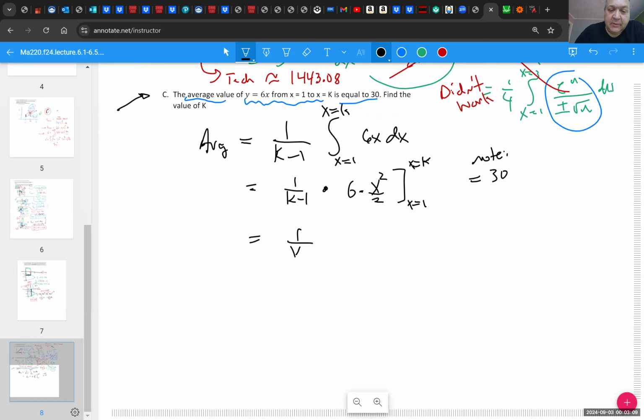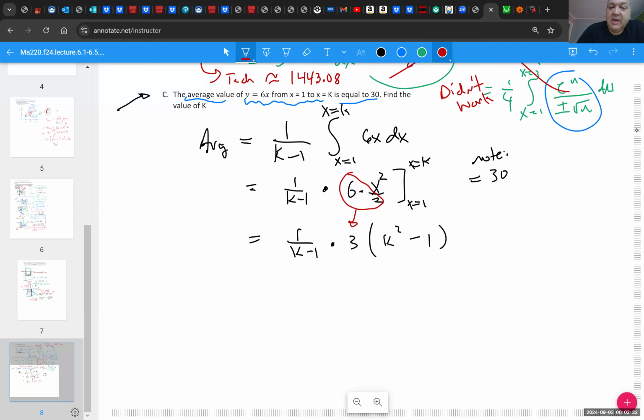So 1 over k minus 1 times 6 divided by 2 is 3. I'm going to plug in k squared for the top and 1 squared for the bottom and subtract. So just to note, I did 6 divided by 2 is equal to 3. And then I just plugged in the numbers into x squared like that.